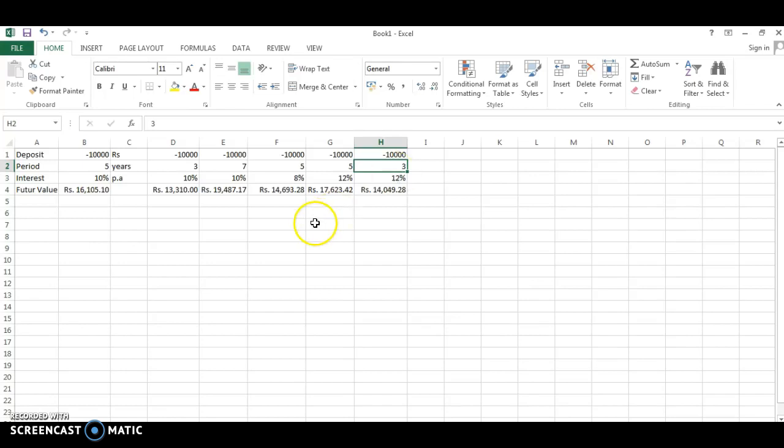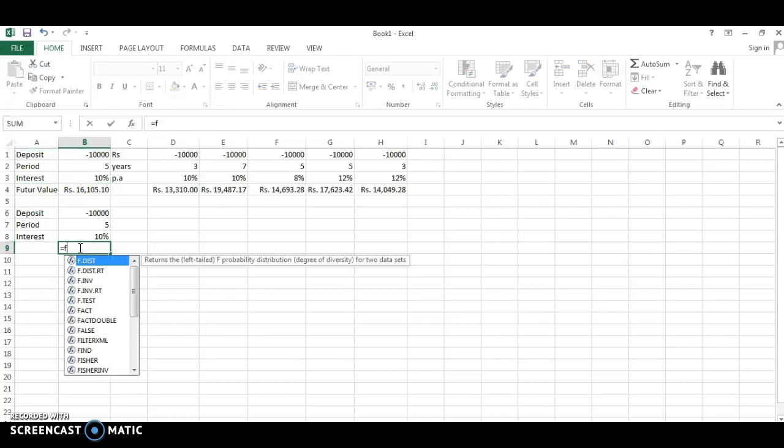Working for the same amount, it is deposited regularly. It is an annuity where it is deposited regularly. Let us just now calculate and find out what happens to the future value if deposited regularly.